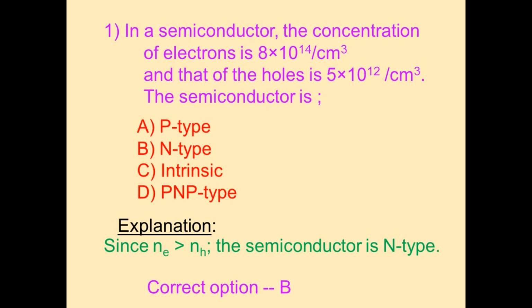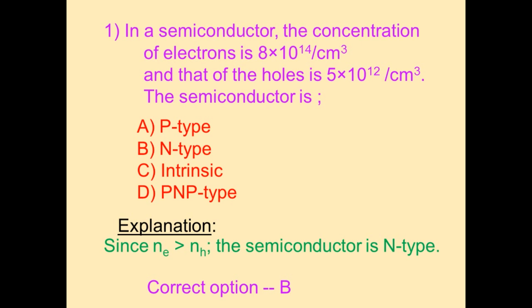First problem here. In a semiconductor, the concentration of electrons is 8 into 10 power 14 per centimeter cube. That of holes is 5 into 10 power 12 per centimeter cube. The semiconductor is.